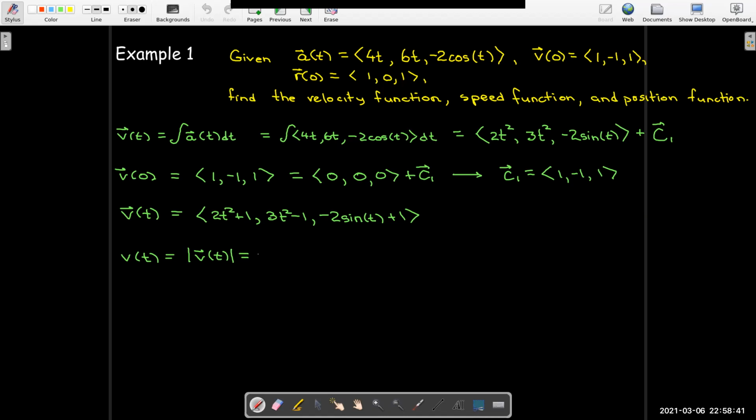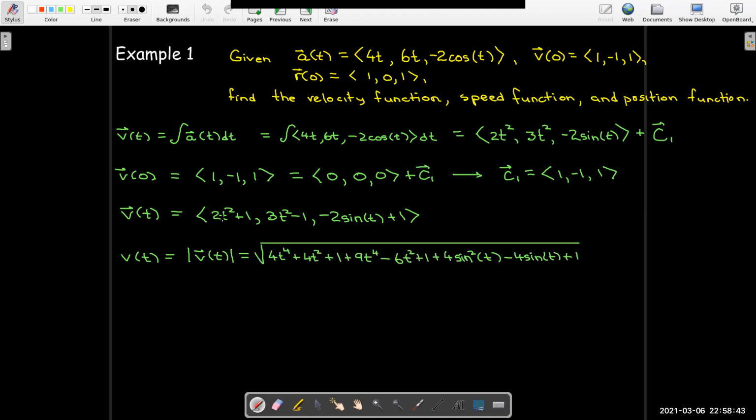So I'll take the square root of the sum of the squares of all of the terms. I need to use FOIL. So I'll get 3 terms from the square of the first component, 3 terms from the square of the second component, and then 3 more terms from the square of the third component. And there's a few like terms, so I can clean that up a little bit.